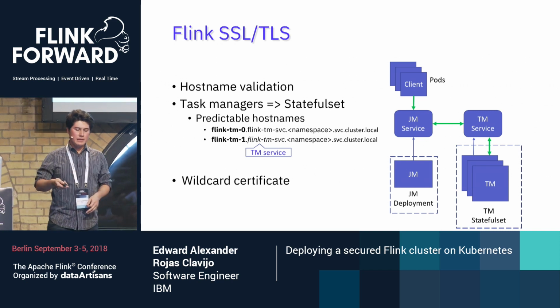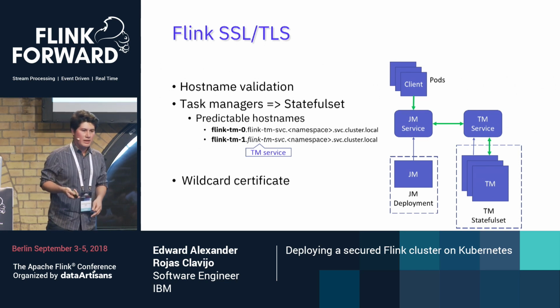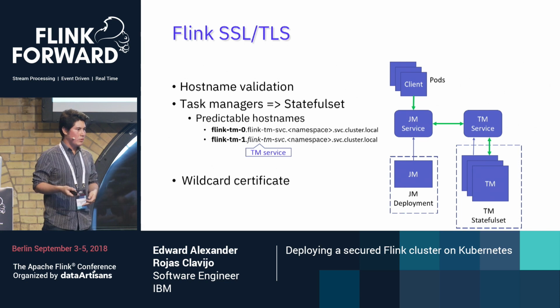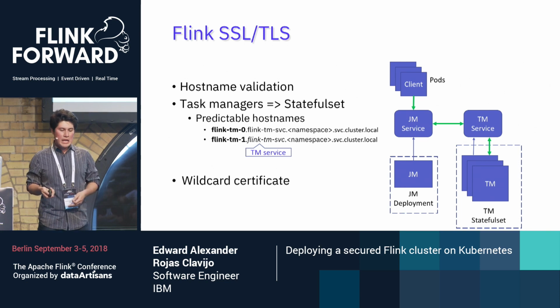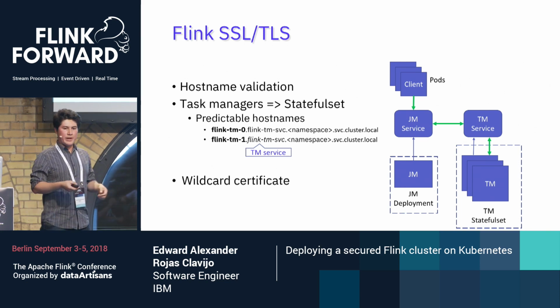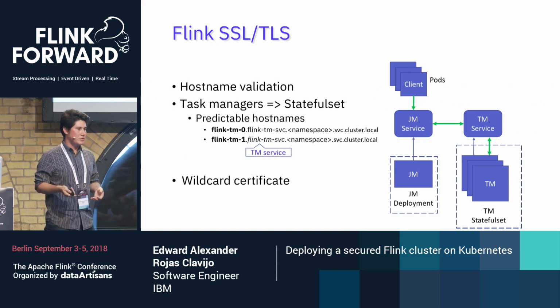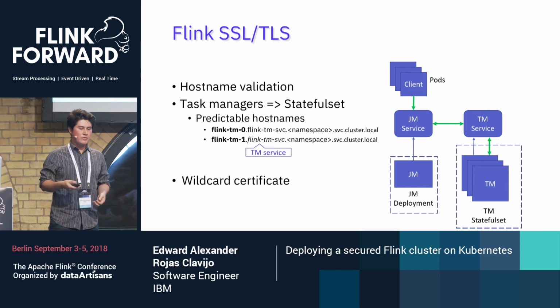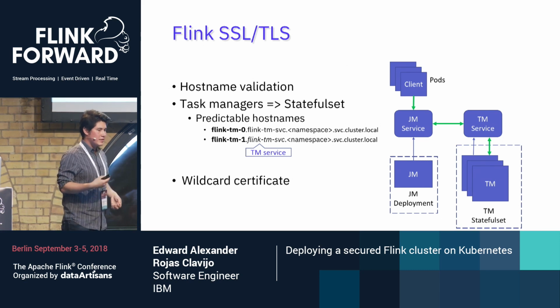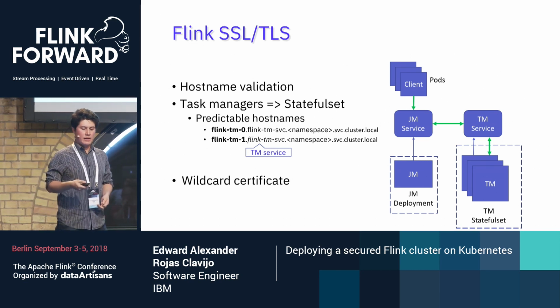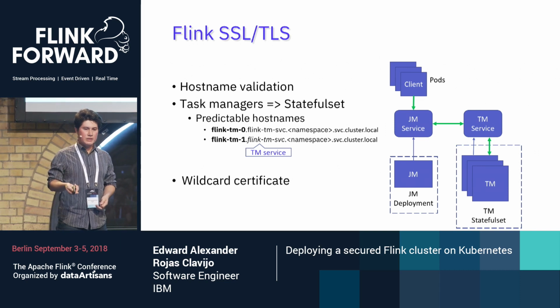The other part is the pods that are performing the job submission. They also have to use SSL, but the CLI operations do not perform a hostname validation. So the only thing that we have to make sure of is that the certificates used by these pods are trusted by the job manager.